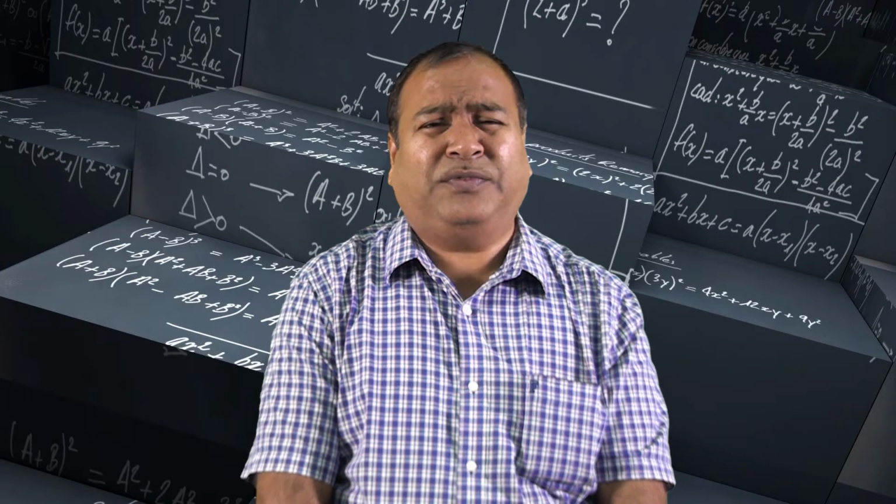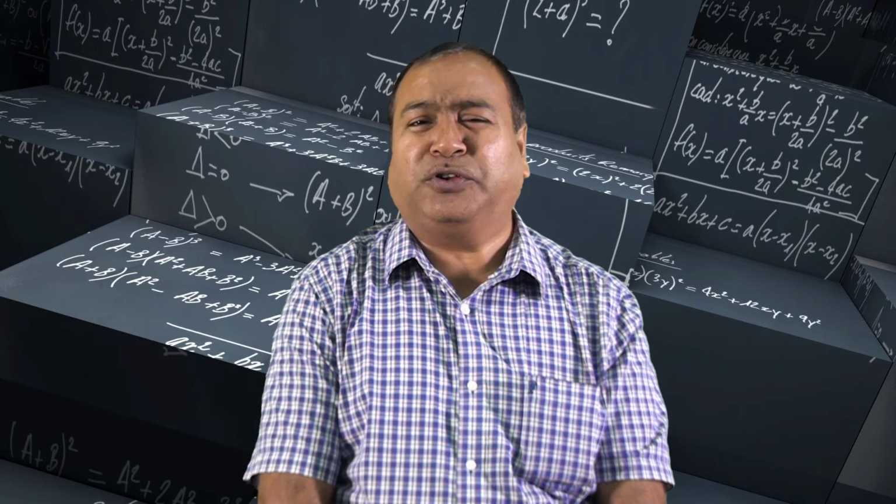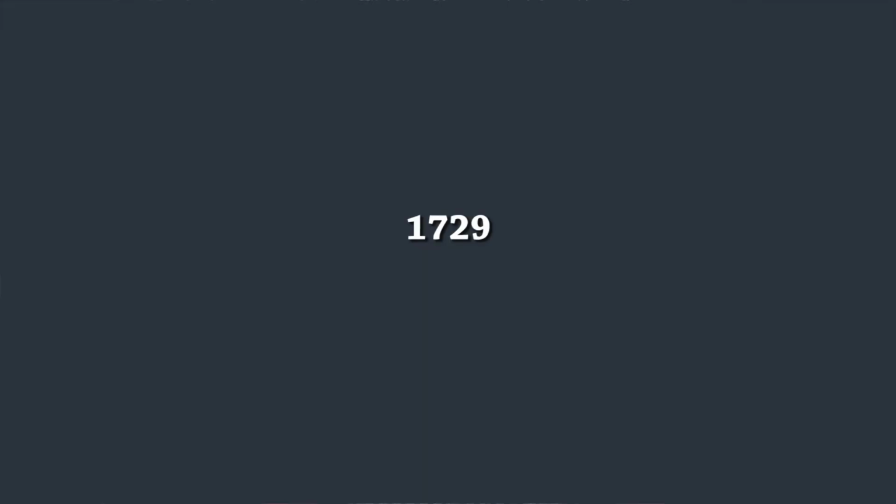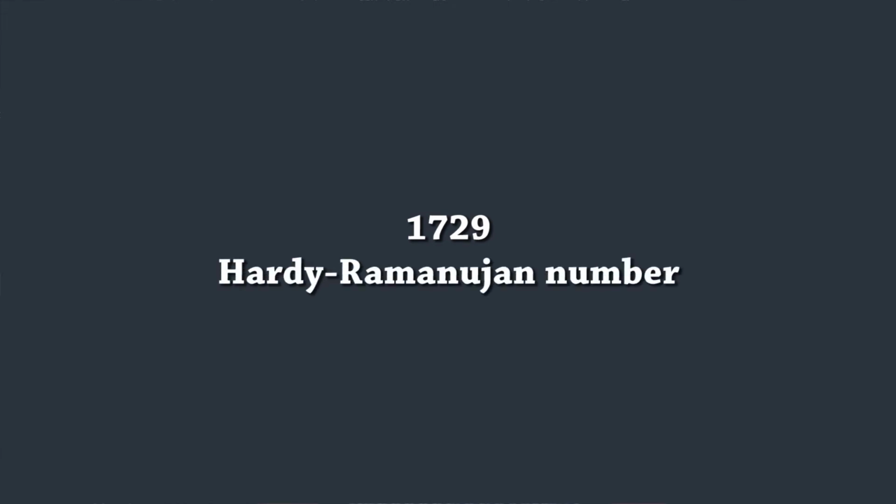Let us observe one very interesting special fact about cubes. Consider the number 1729. In fact, this is a very special number called the Hardy-Ramanujan number. What is the speciality of this number?